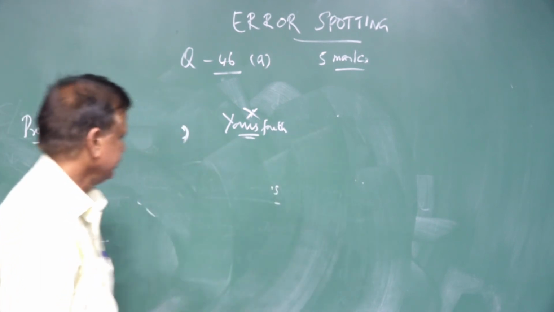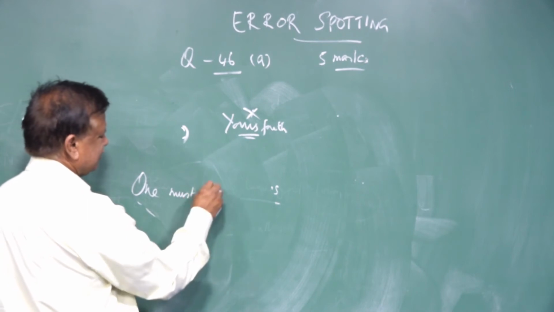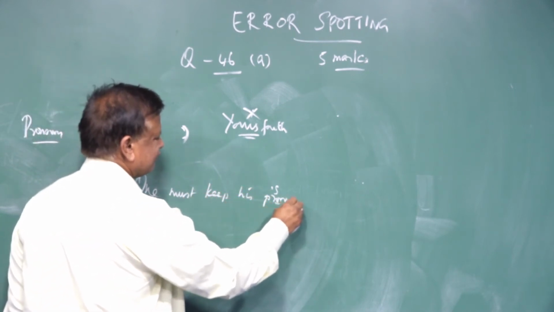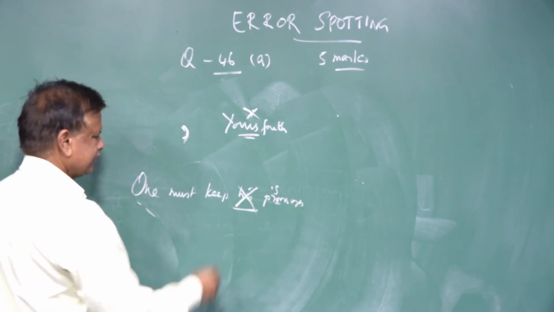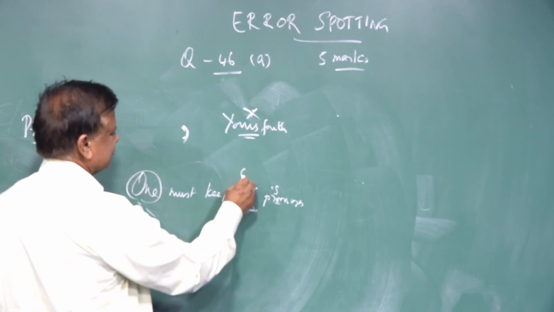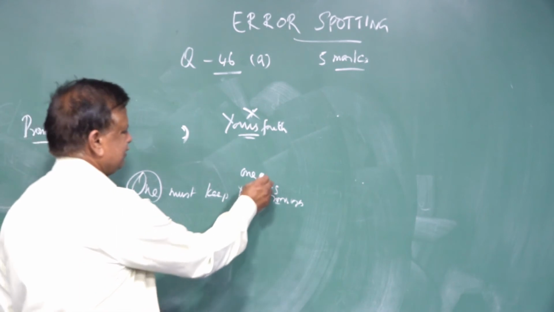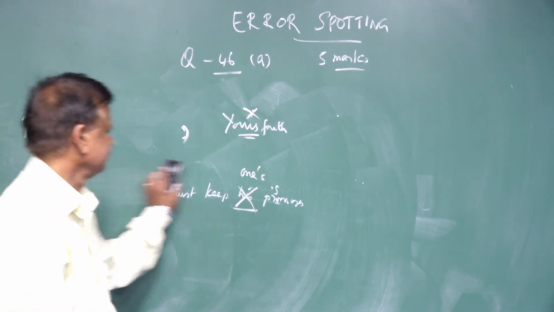And when I denote an indefinite noun, one must keep his promise. One must keep his promises. Again, this is also wrong when given in the error. When one is used, I have to use one only. One must keep one's promises.